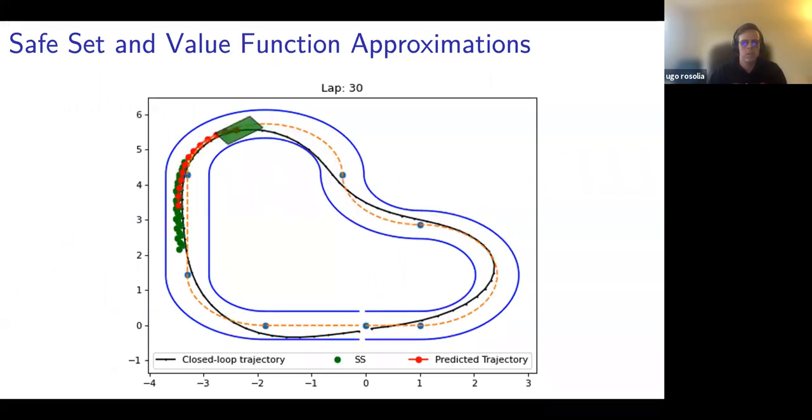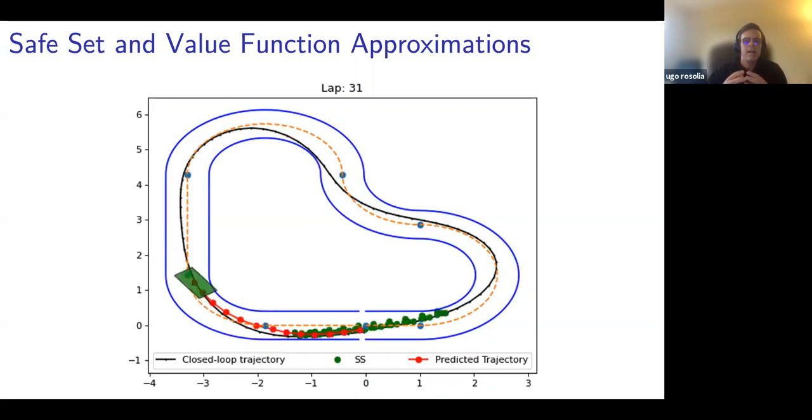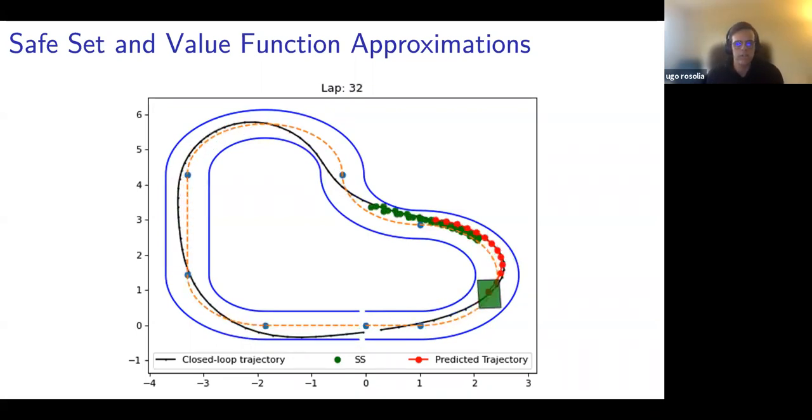As we perform more and more laps, the data points are more spread out because we are going at a faster speed, and our controller can plan a trajectory more freely, because our terminal constraint is getting bigger and bigger.